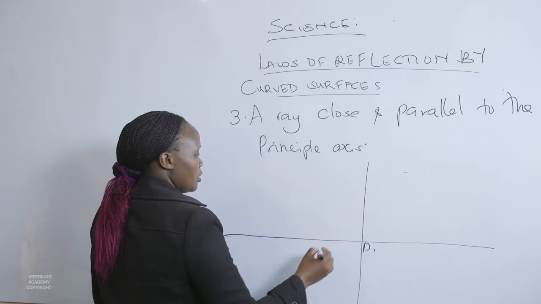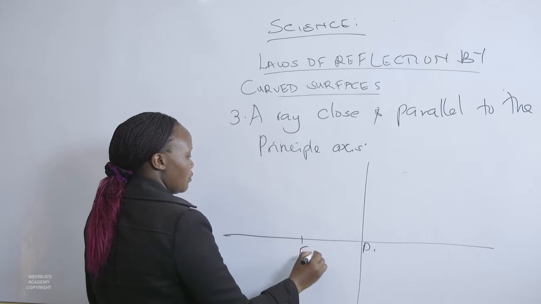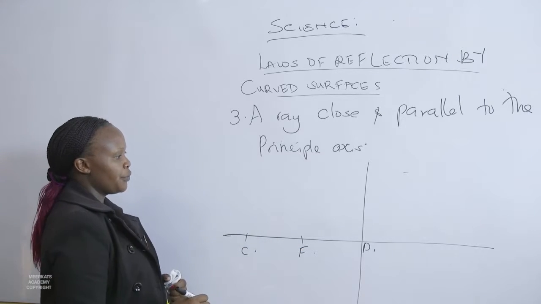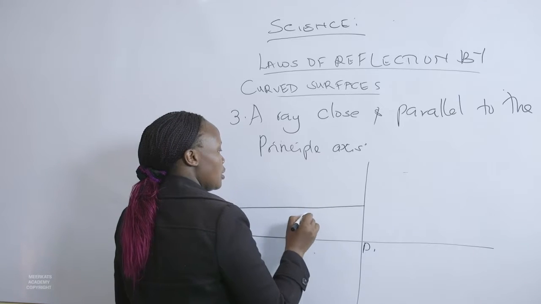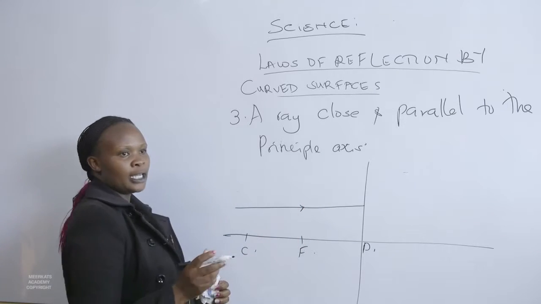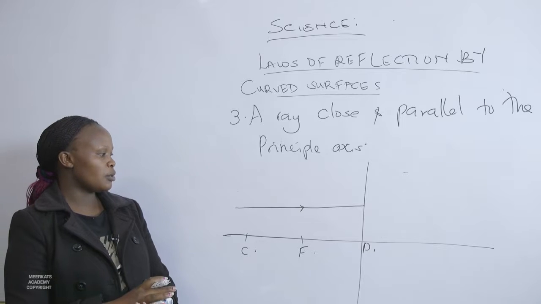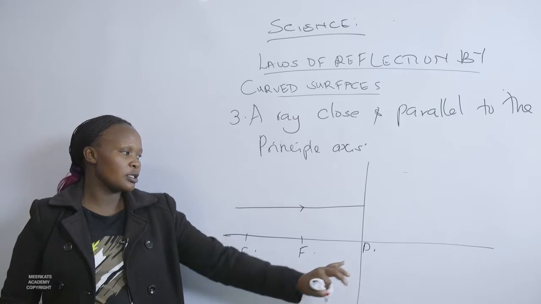Here, that's the pole, that's F, that's C. Then we are talking about a ray close and parallel to the principal axis. This is our principal axis.